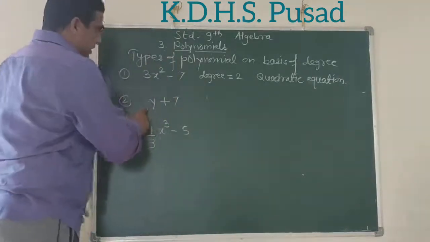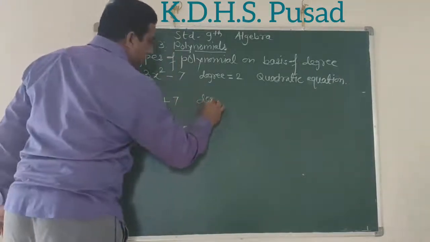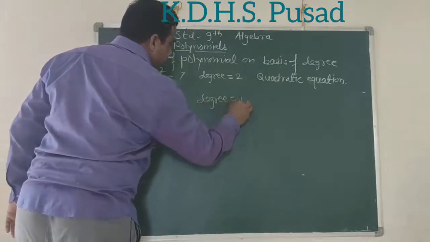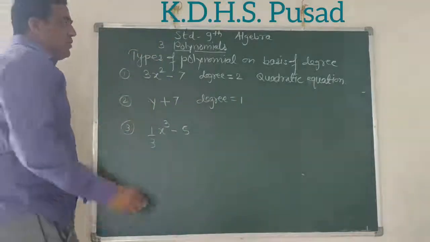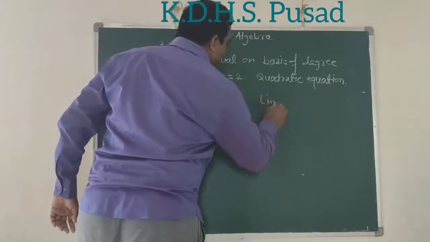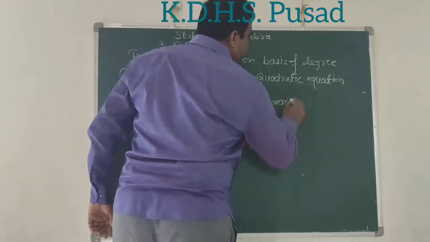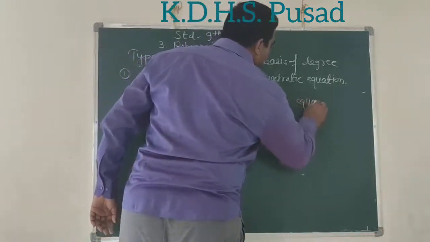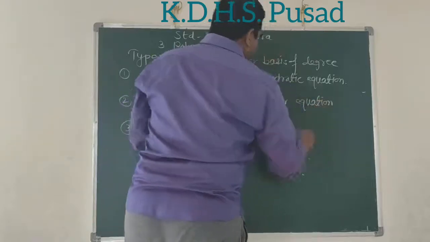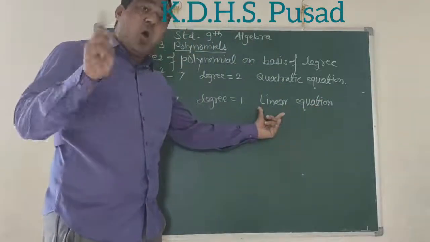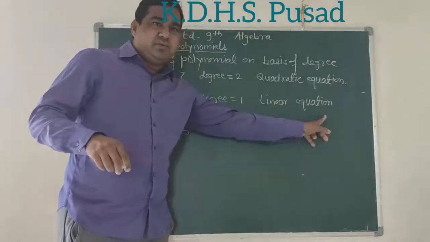Okay. Now check here. What is the degree? Degree 1. Degree 1 is called a linear polynomial or linear equation.